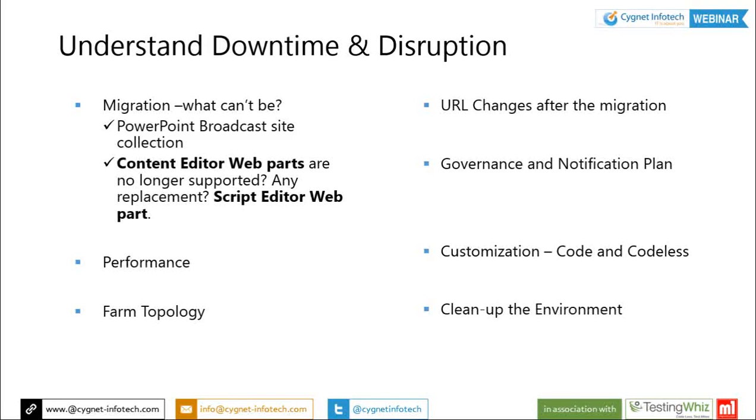In terms of performance, you need to expect some impact. As I mentioned, you need to plan your upgrade performance as well. You have to think about your farm topology, so you need to replicate the topology that is available in your existing SharePoint 2010 infrastructure, and the same has to be created in SharePoint 2013. A few more painful changes that are obviously not acceptable are URL changes after the migration.